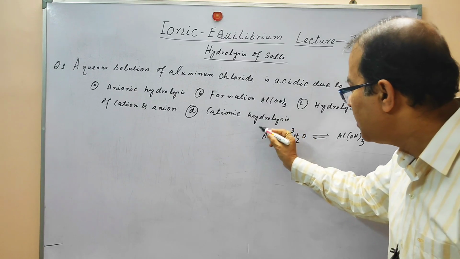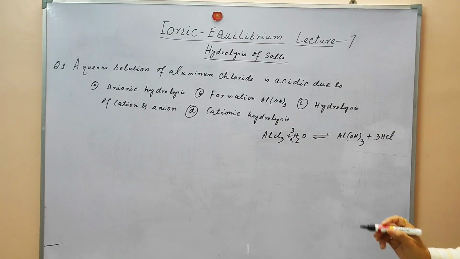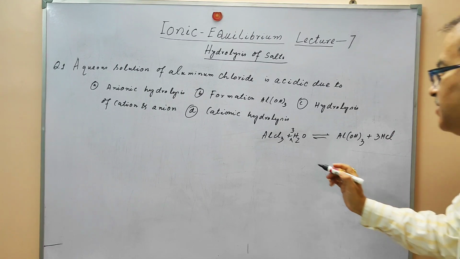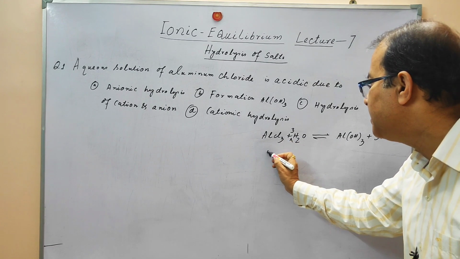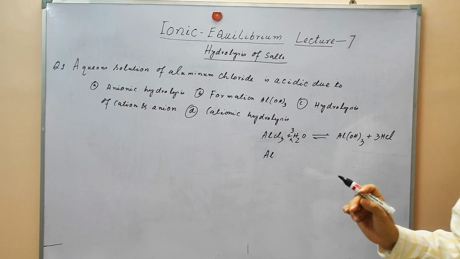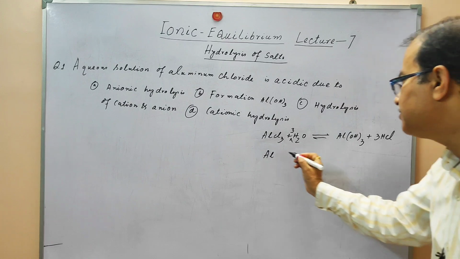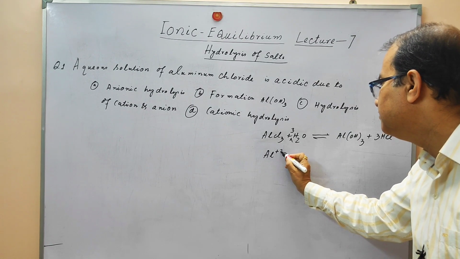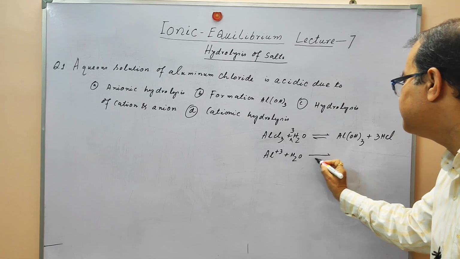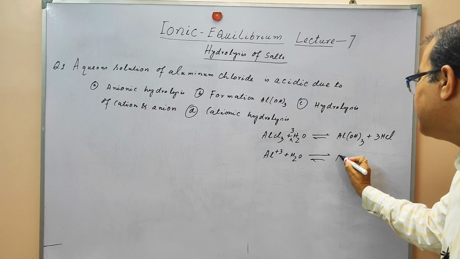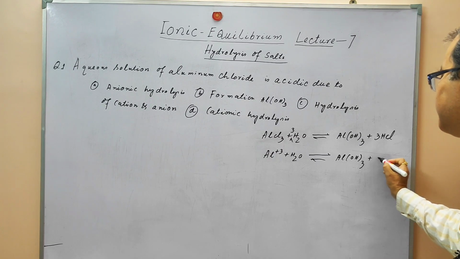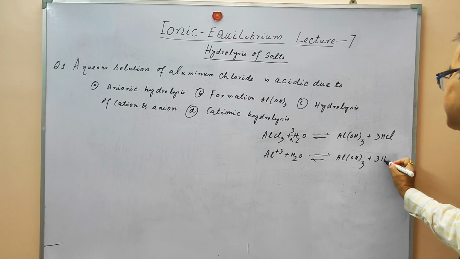So when this aluminum chloride is hydrolyzed, it is first dissolved or dissociated. When it is dissociated, what is going to happen? It will dissociate into cations and anions, and these cations interact with the water and produce aluminum hydroxide and the H plus ion.